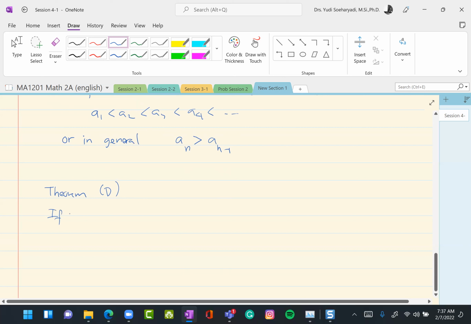So if let's say we have a_n is increasing and bounded from above, then it converges.